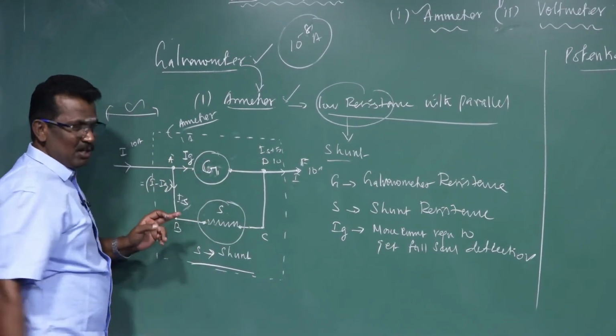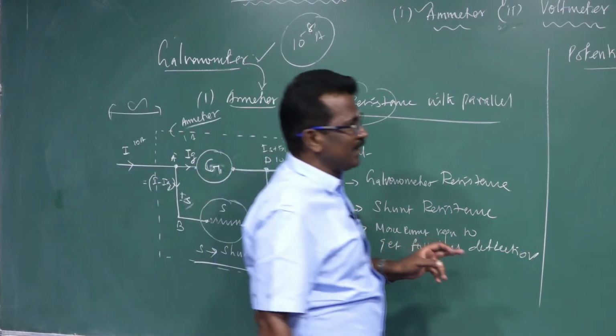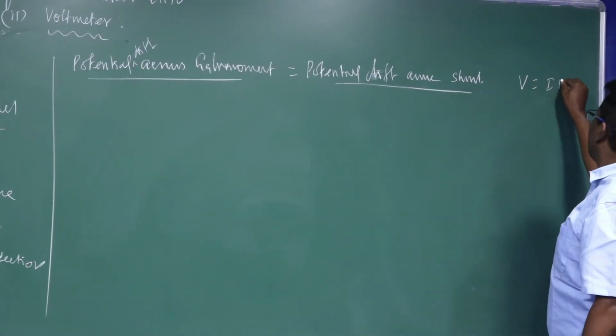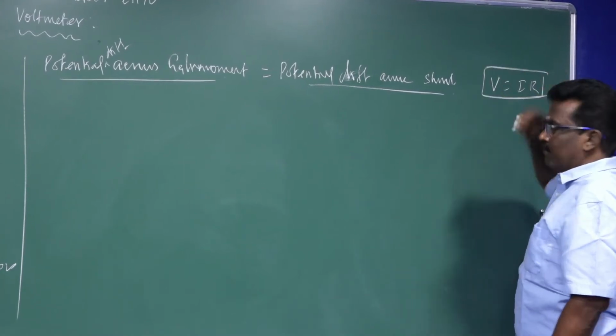What is the formula to calculate the potential difference? By using Ohm's law, V is equal to IR. You know that.